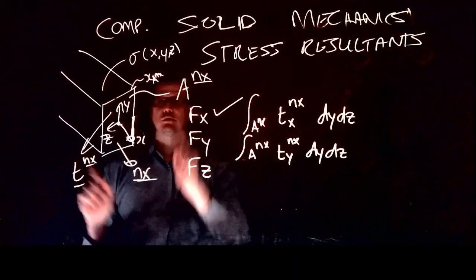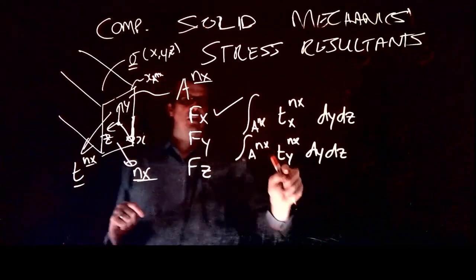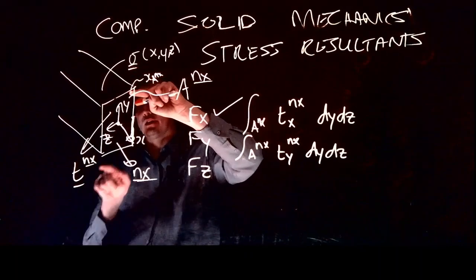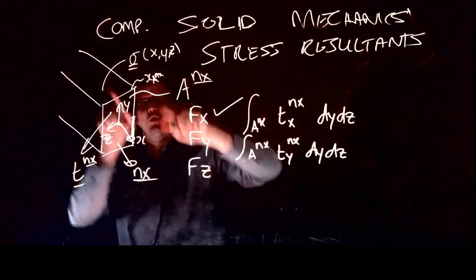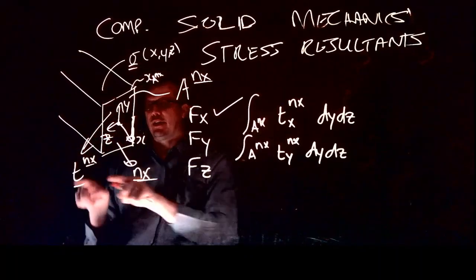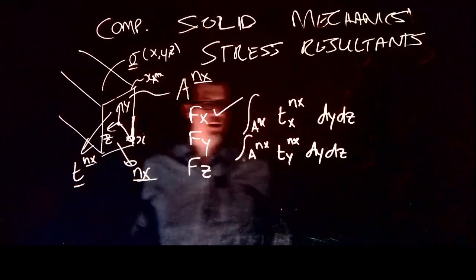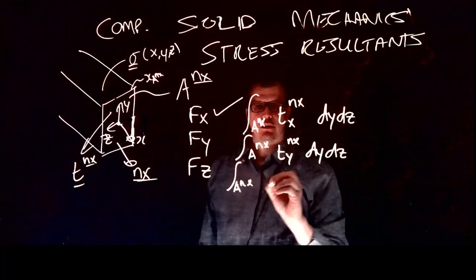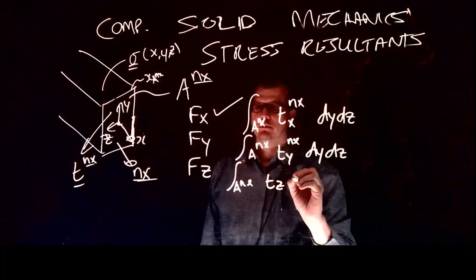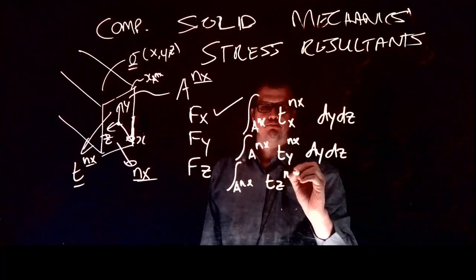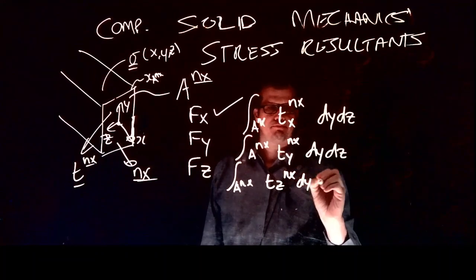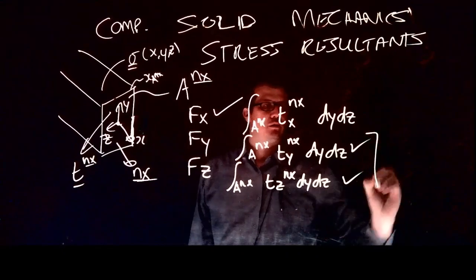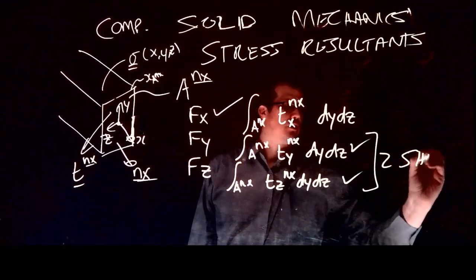But bear in mind, when I write these down, it implies we have evaluated the stress tensor at this face and dotted it with the normal associated with this face, and then I recover the traction vector on that face. And then Fz is again an x tz component. So these are the two shears on that face.